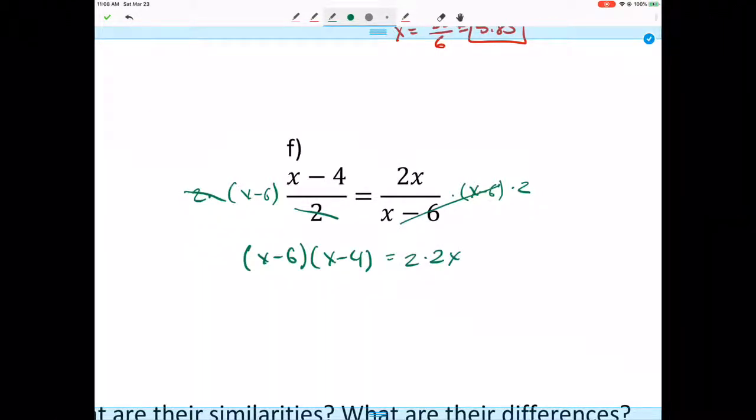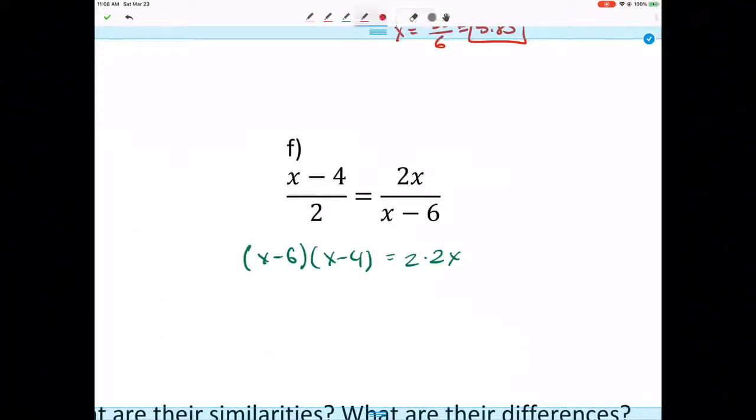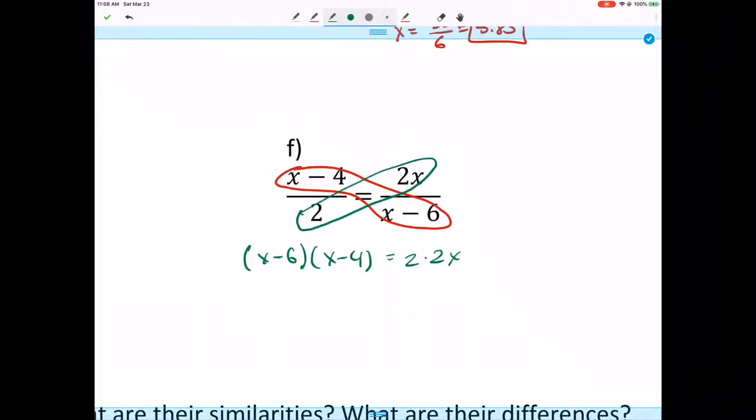All right. Another way that a lot of people do this is a shortcut called cross multiplication, where you multiply the numbers across from the equal sign. Okay, so here you'd get the exact same thing.